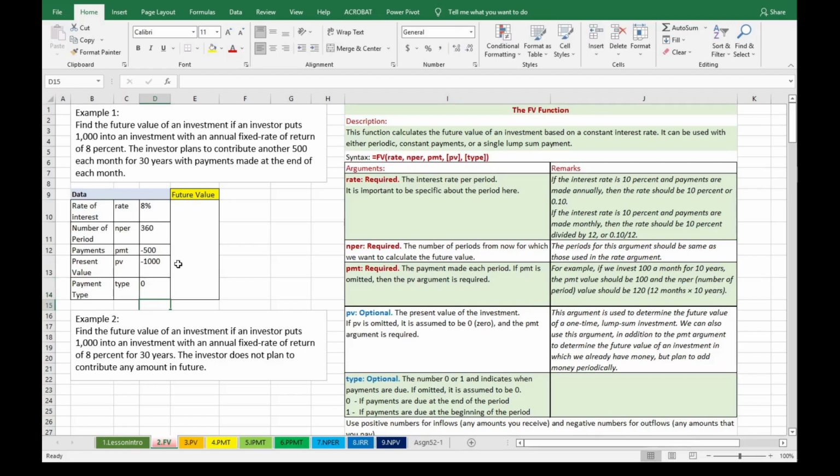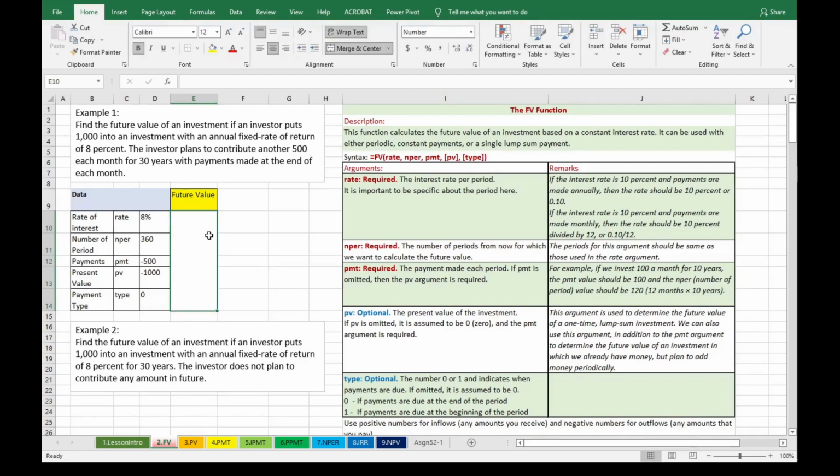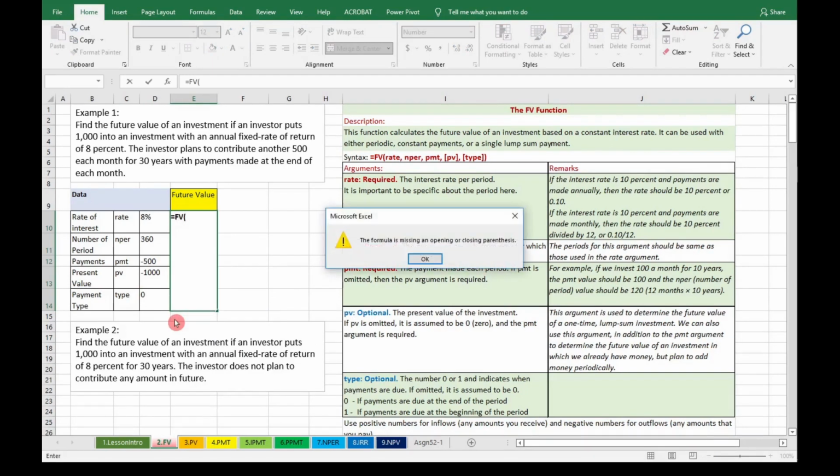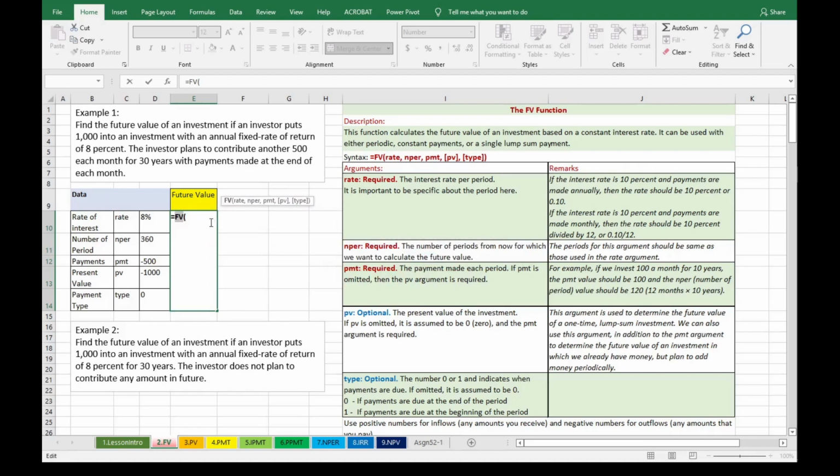Now let's enter the function, equal to FV, that is the future value function. Here it's easy to understand. So FV, we have got rate. Rate is 8%. But we need to be careful because this is an 8% annual interest rate.